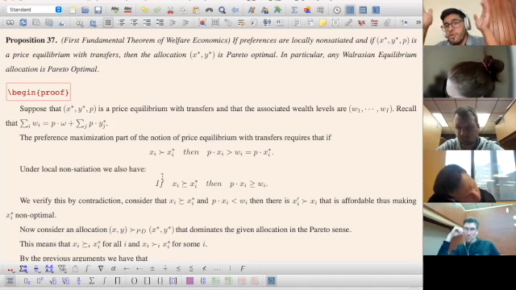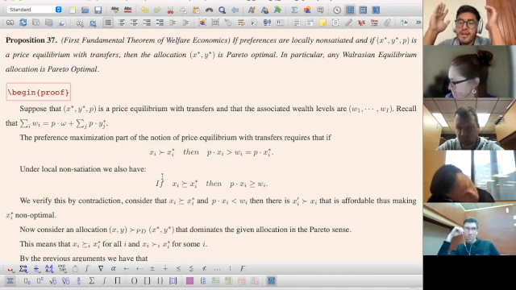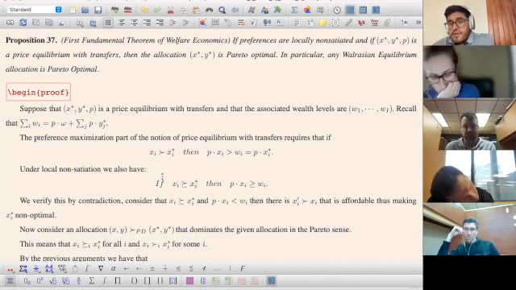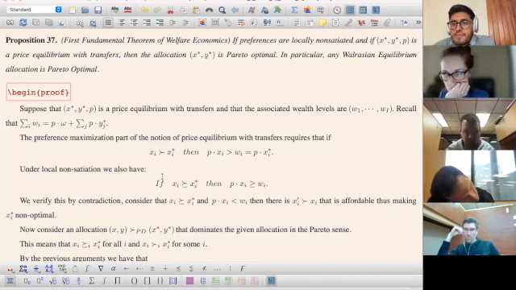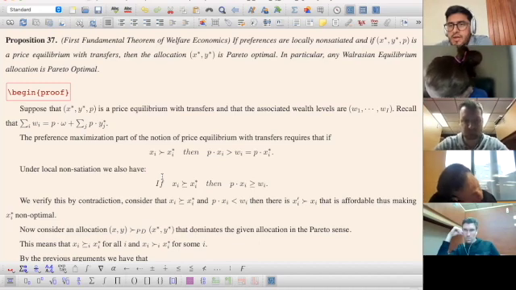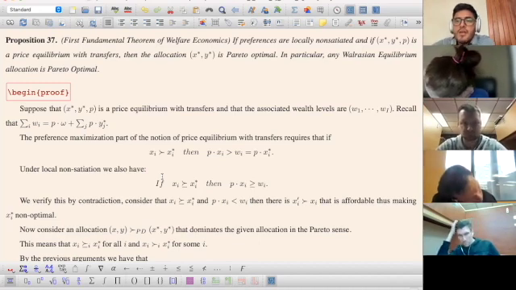Now, of course, this works under assumptions, right? The first assumption I'm making is price taking behavior. As I told you before, if firms, for instance, have market power or they can do price discrimination, then price taking fails, and decentralized problems are no longer Pareto optimal.